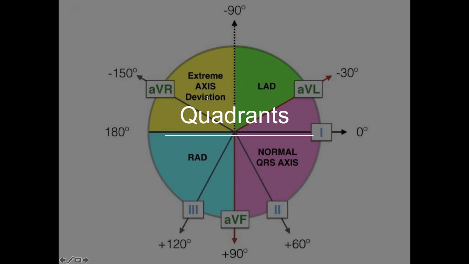It's flowing in the opposite direction, and we'll talk about typical or common findings with all of these: extreme right axis deviation, right axis deviation, left axis deviation. But hopefully, you, me, and your patient are in that normal axis quadrant.